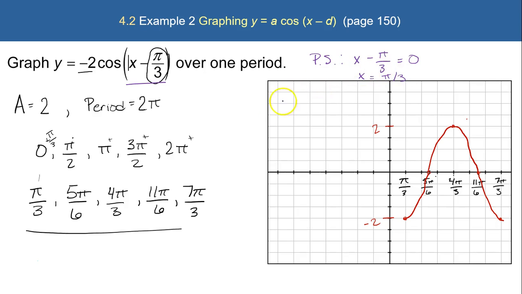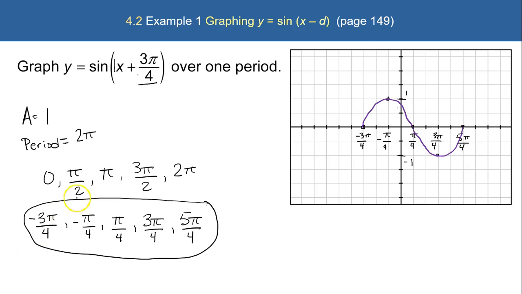Okay, if your value of b is something other than 1, then do that. If it's not something other than 1, then you can just simply take this value right here as your phase shift. And this is a positive phase shift. It's moving to the right pi over 3 units.